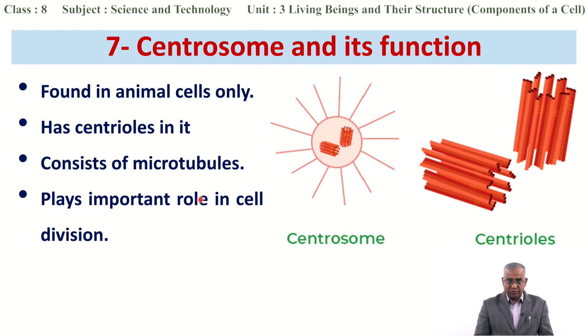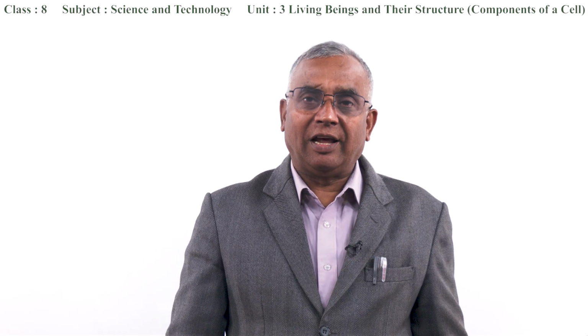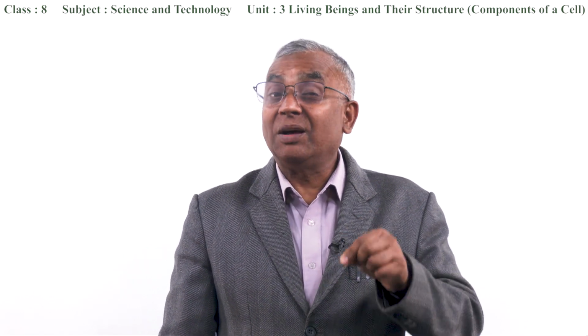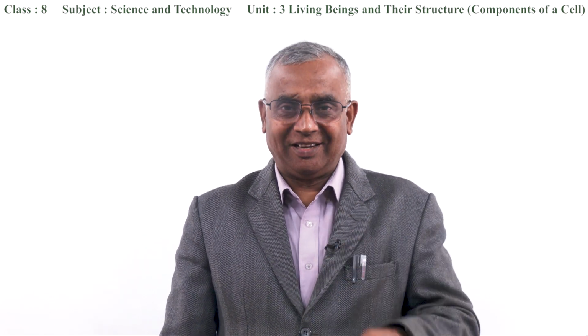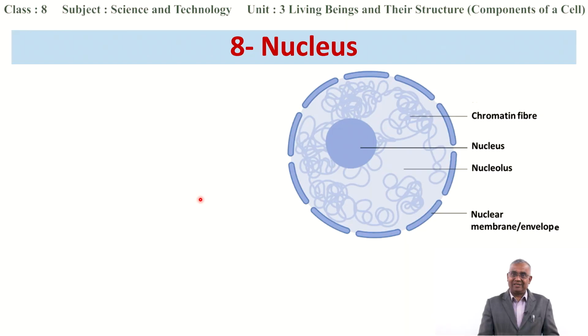Now we are going to see the central structure of the cell, not only central, but it is the main master of the cell. Yes, the brain of the cell. That is what? Nucleus. Okay. Nucleus is single in a cell. Usually, in some animal cells two are found in one cell. So there are exceptional cases everywhere.